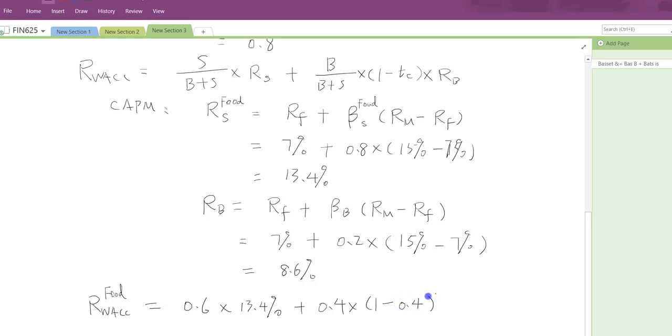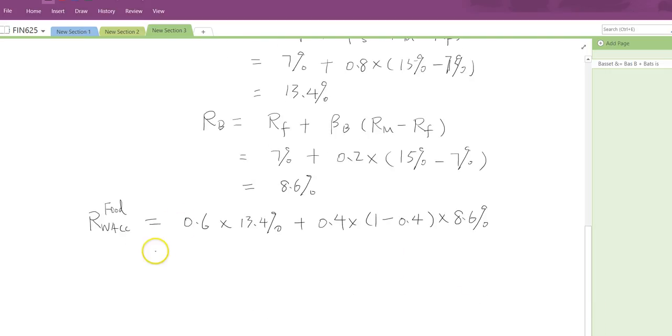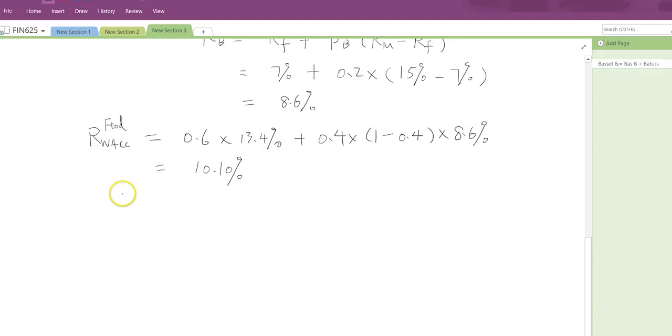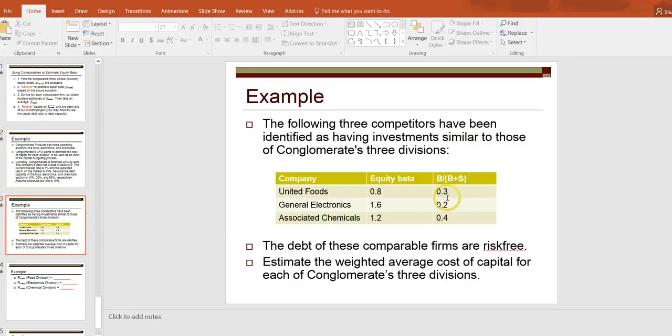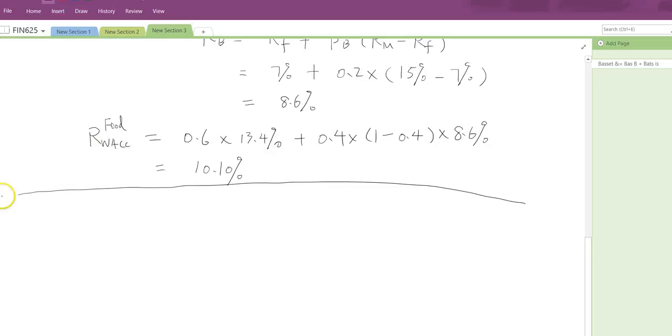So 1 minus 0.4 times RB, 8.6%. Okay, so just plugging all these numbers into your calculator, you will be able to figure out this number, 10.10%. So that is the weighted average cost of capital for the food division, given its debt capacity and its business risk. And then the rest of the job is to do the same thing for the other two divisions, right? But now just plug in different sets of numbers. So let me just briefly do that.